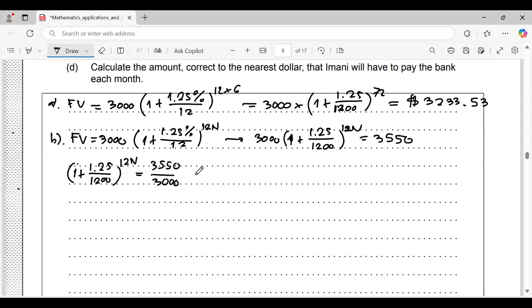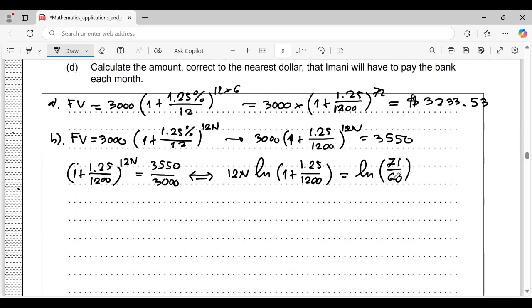And after that, according to the log rules, we can write it like this: log of 1 plus 1.25 over 1,200, to the power 12n, equals log of 3,550 over 3,000. I have simplified 3,550 over 3,000 and it becomes 71 over 60.